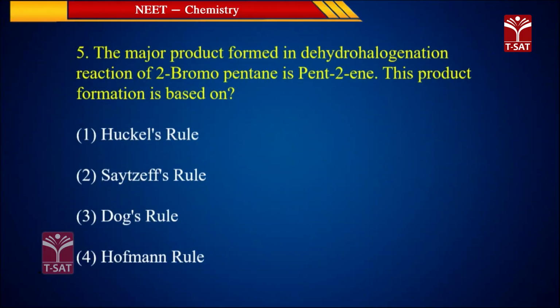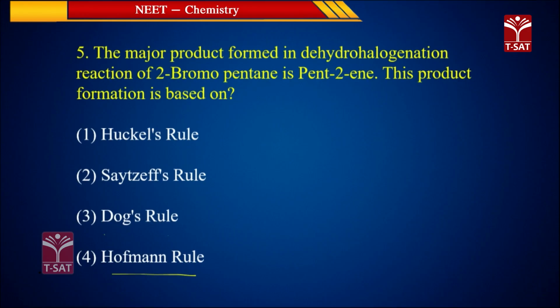Okay, and next question. The major product formed in the dehydrohalogenation reaction of 2-bromopentane is pent-2-ene. This product is formed based on which of the following rules? One is Huckel's rule, option 2 is Saytzeff rule, option 3 is Dock's rule, option 4 is Hofmann rule.